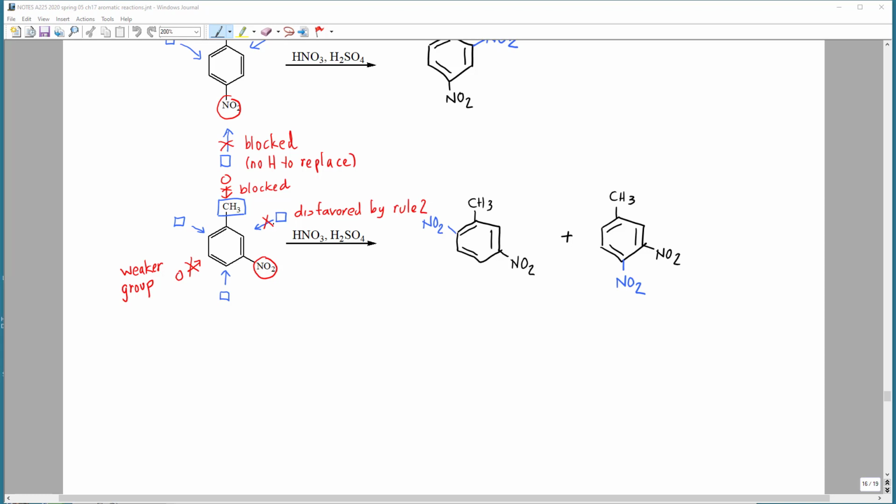That's sterically disfavored. Now when we look at the red group, because it's moved over, the meta to that group is in a different location. It's actually starting here, 1, 2, 3, 1, 2, 3. So this position here is blocked because again, there's no hydrogen to replace.